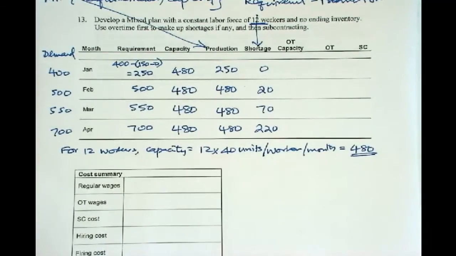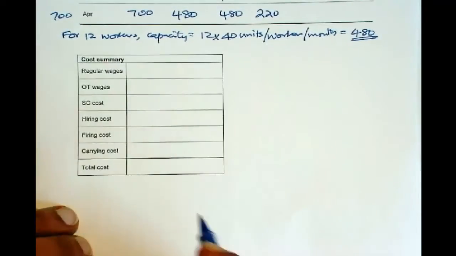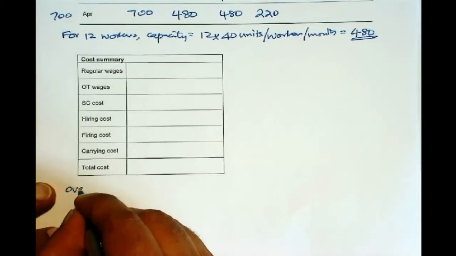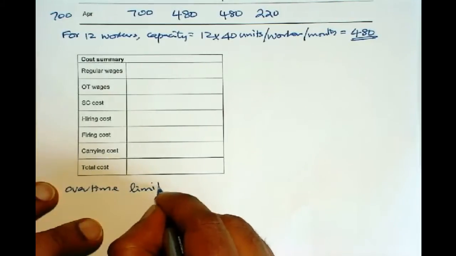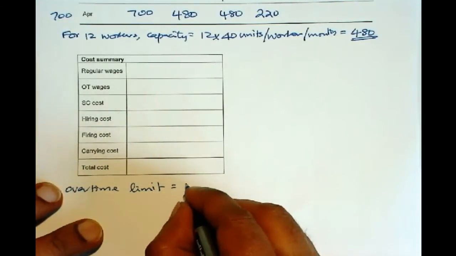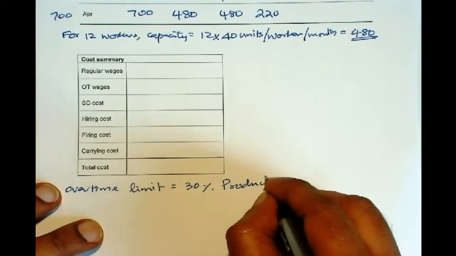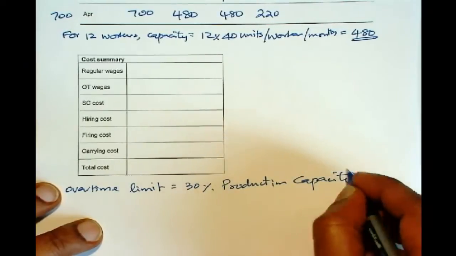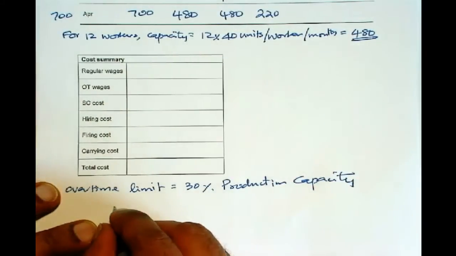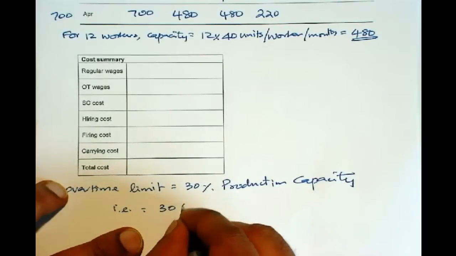Now what is the capacity for overtime? Okay, let me write that down here. So overtime limit is 30% of production capacity. So that is equal to, so here when we are doing it at the level of month, it's easy.